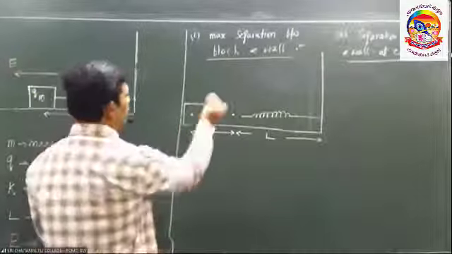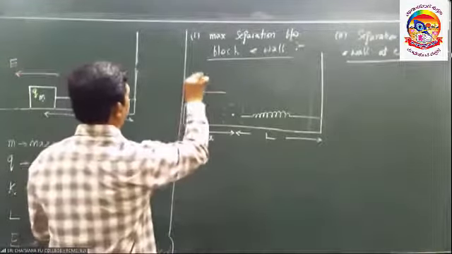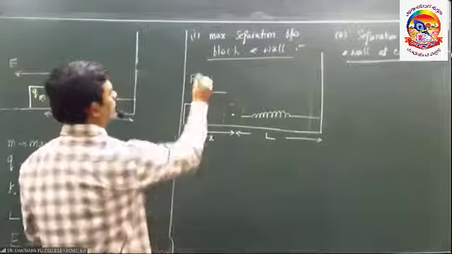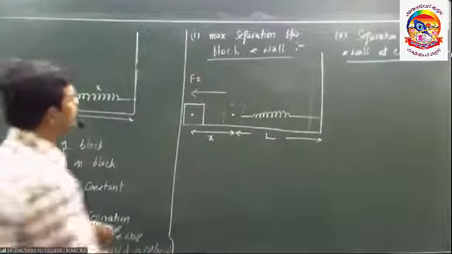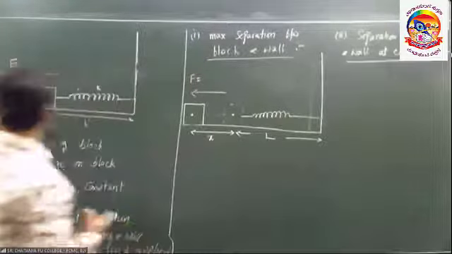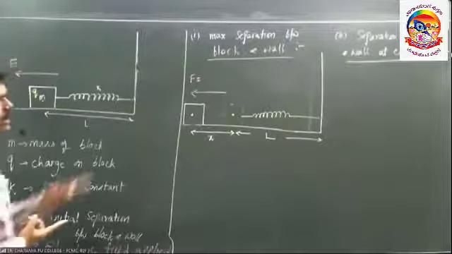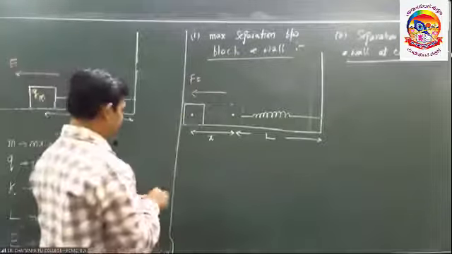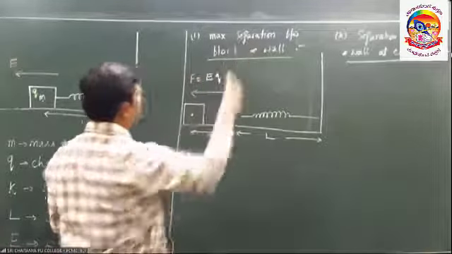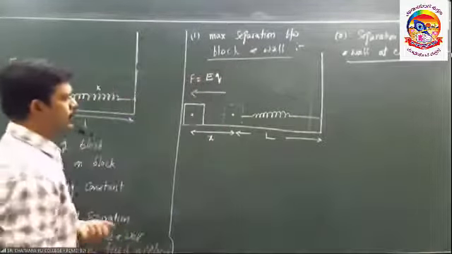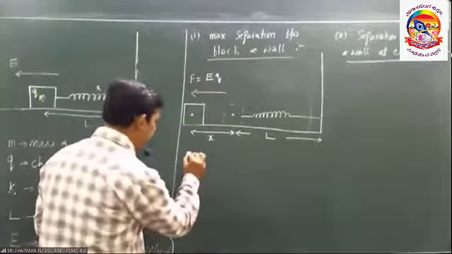Here due to the electric field, there is a force F acting. What is the formula for force due to the electric field? As this block has charge Q and the field has intensity E, the force due to the electric field F is EQ. What is the distance moved? X. Then what is the work done by the electric field?